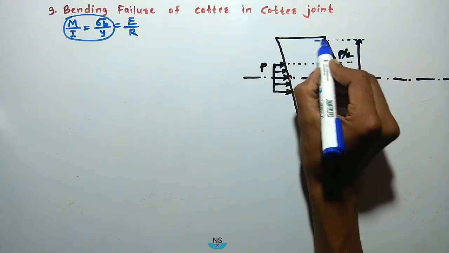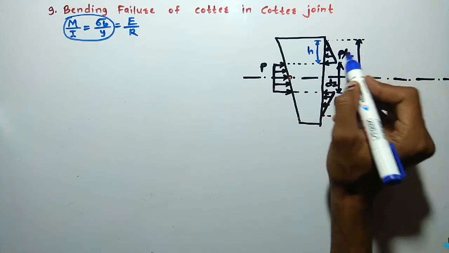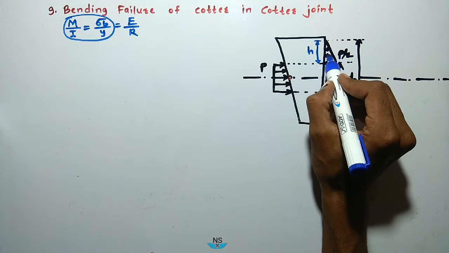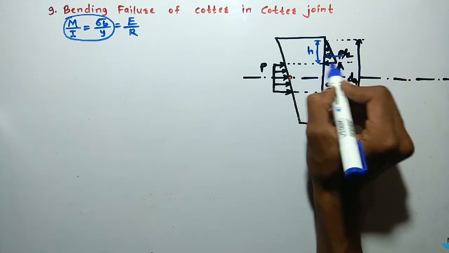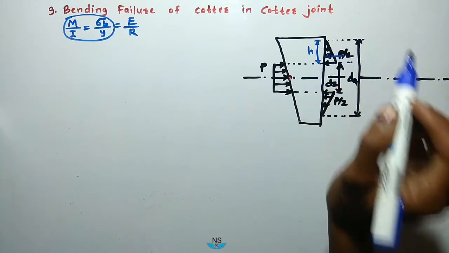Suppose this is a height h. Suppose this is a height h. Then this is uniformly varying load. So the point load will act at height h by 3 from the base. At height h by 3 from the base.